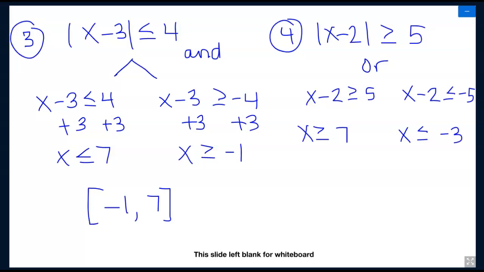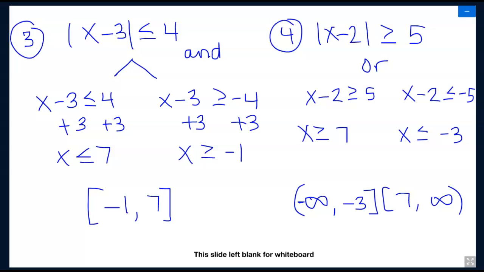So x can be greater than or equal to 7, so that looks like 7 to infinity. Or x is less than or equal to negative 3, so that's negative infinity to negative 3. And it's important to note that you have to write these in numerical order.